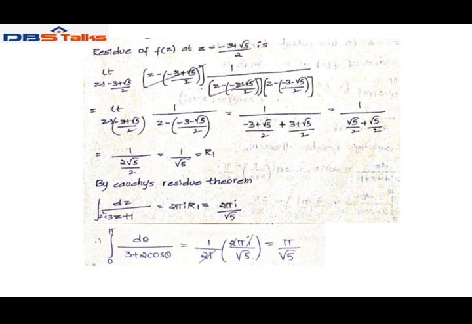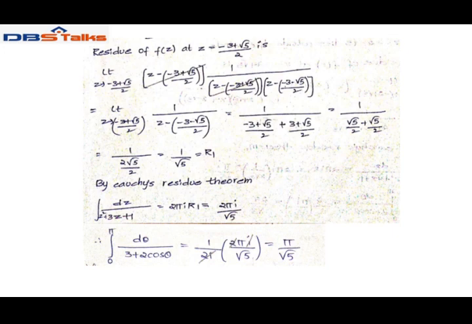So these are the factors of f of z. After cancellation, limit z tends to minus 3 plus root 5 by 2, 1 by z minus of minus 3 minus root 5 by 2. Then substitute limits, we get 1 by root 5. So this is the residue of f of z at the inside pole, assume that R1.